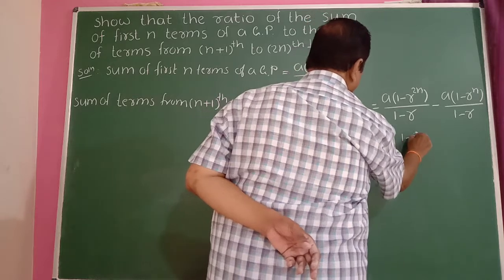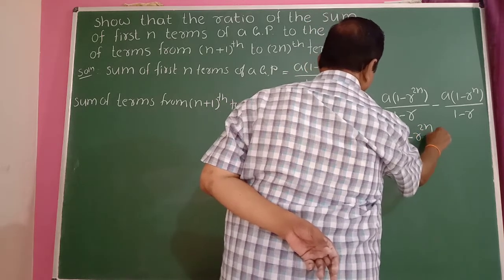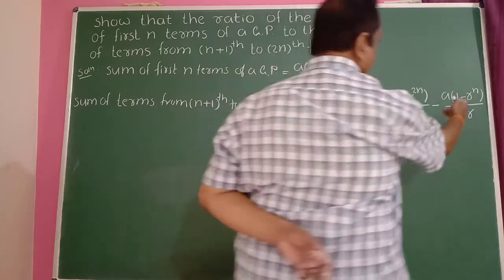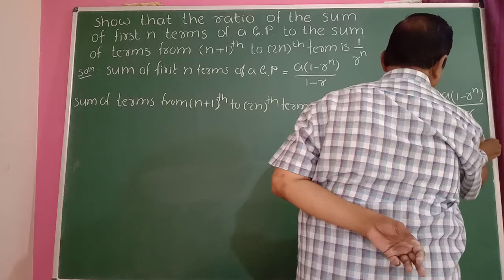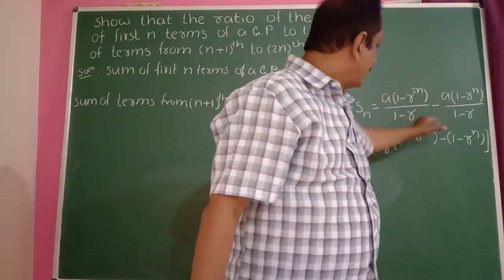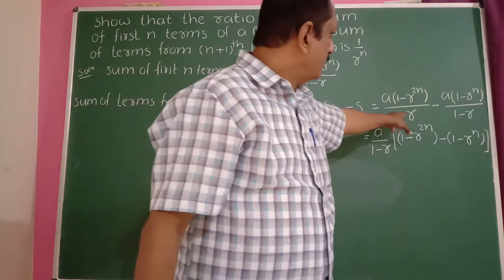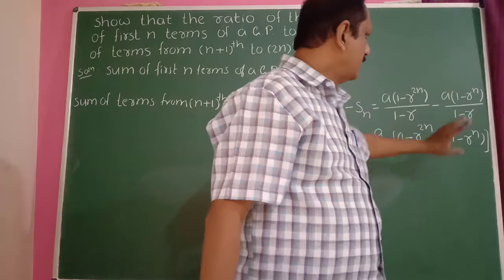So write 1 minus r raised to 2n in the bracket, minus 1 minus r raised to n. Write a upon 1 minus r outside, then 1 minus r raised to 2n, then minus 1 minus r raised to n.